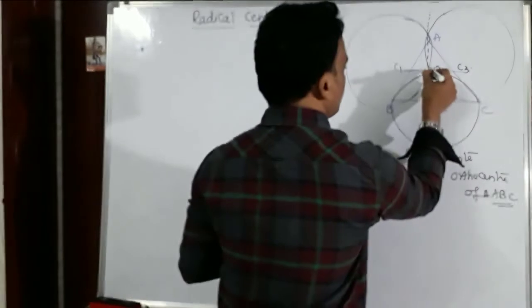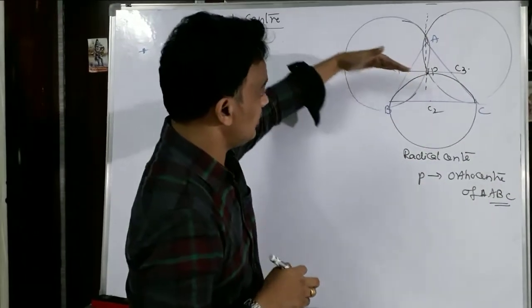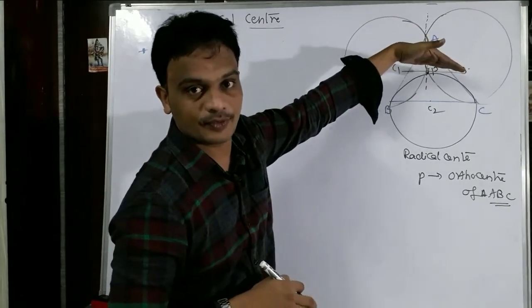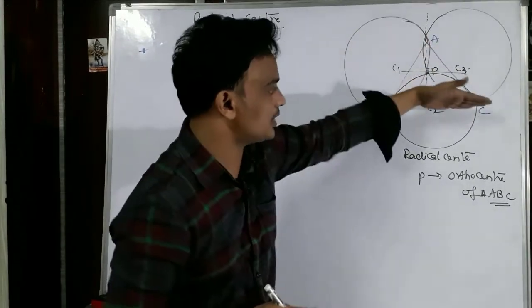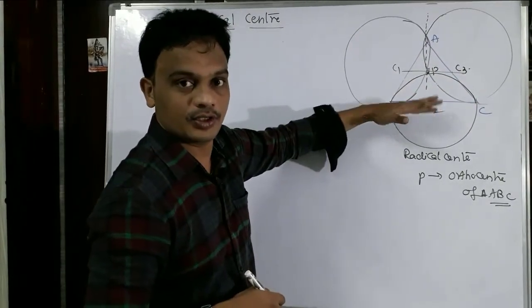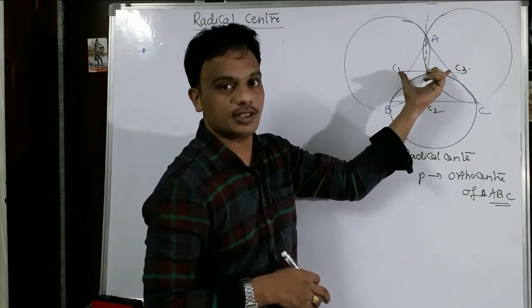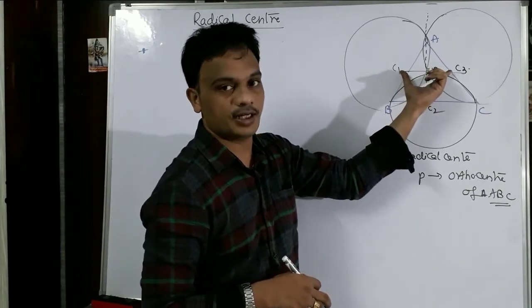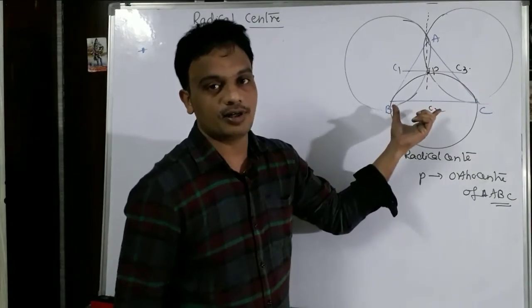We know one condition: the radical axis is always perpendicular to the line joining the centers of the two circles, right or not? At the same time, C1C3 is parallel to the side BC. We discussed that already: the line joining the midpoints of two sides of a triangle is parallel to the third side and its length is half of the third side. School level concept.